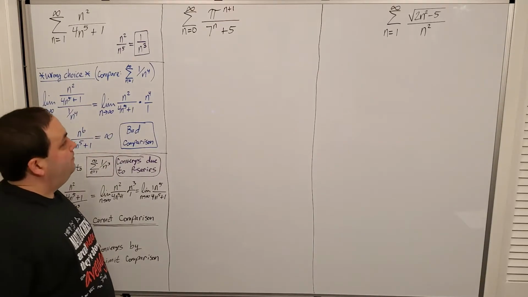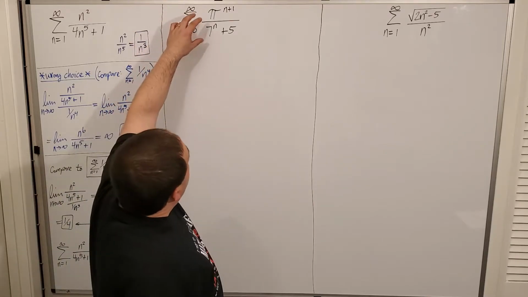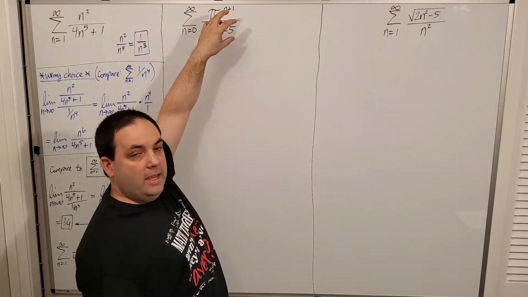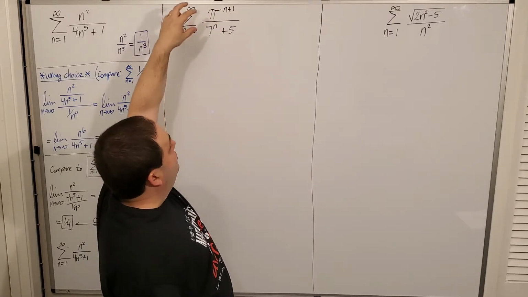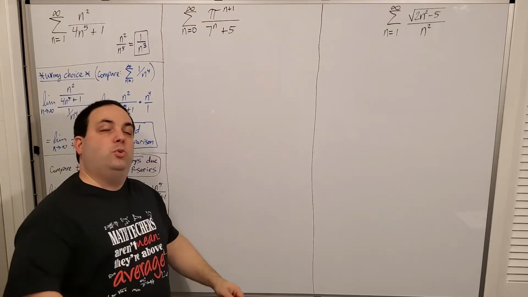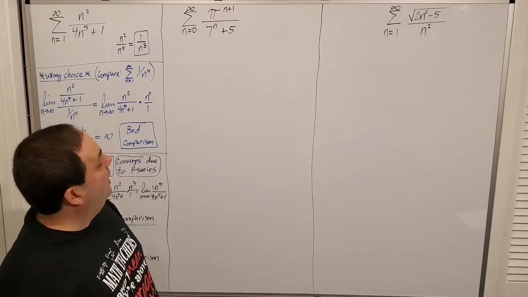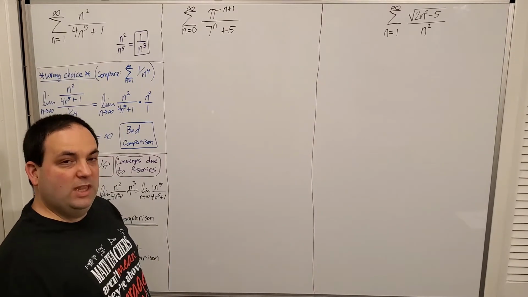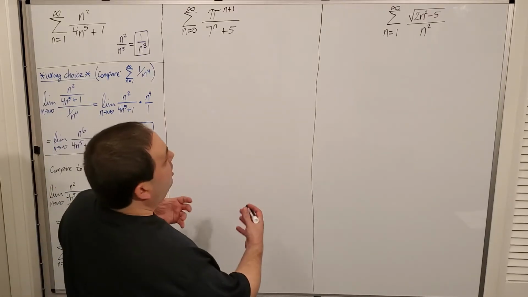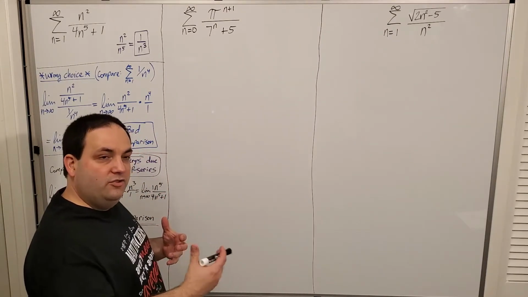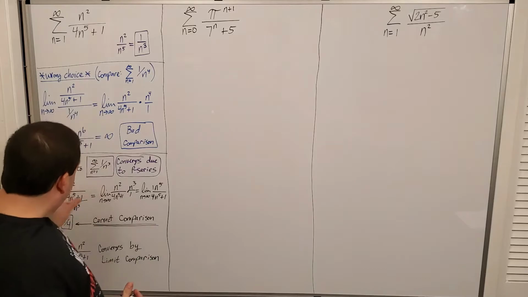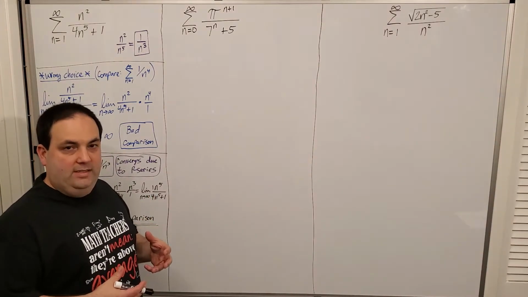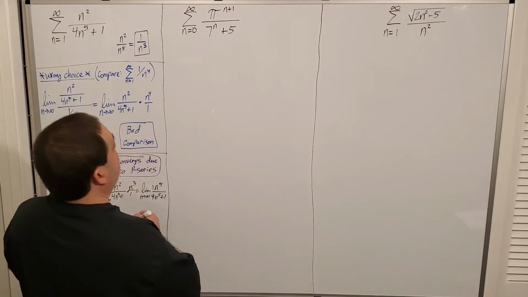Okay, let's do the next one. Here, I'm seeing those n powers, right? So I'm going to want to compare this to a geometric series. Just like we did with the direct comparison, I'm going to use the same thing with limit comparison. You want to compare it to things that are alike to it in structure so that your limits will simplify easily. So that's what I'm going to do.